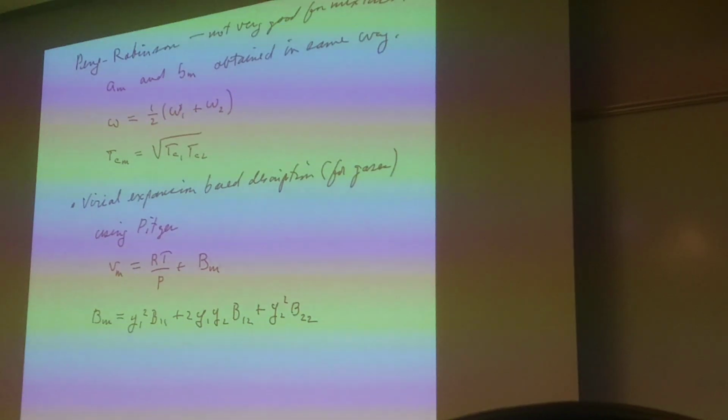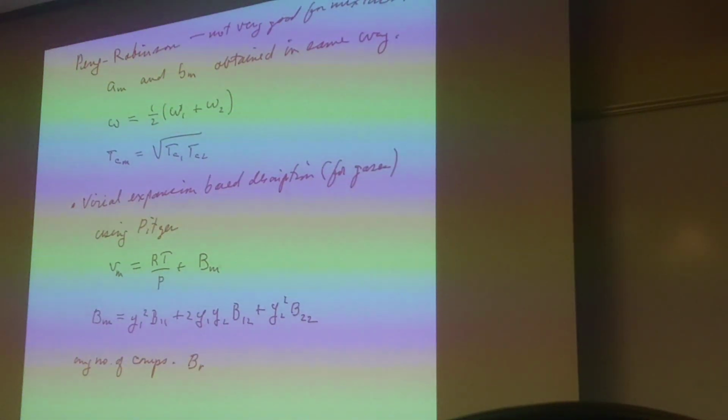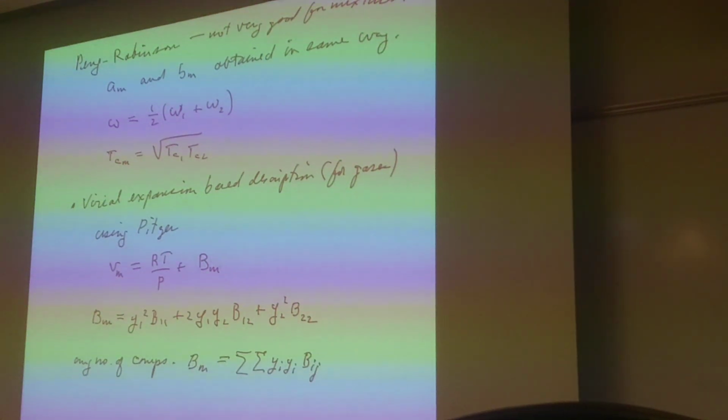For any number of components, I can just write the general binary expression, so Bm is just this double summation of yi yj Bij. So you just have more and more terms like that. We're going to pretty much stick with binary systems, and there'll be some discussion about going to more components, but for the most part, we're going to be dealing with binary systems.